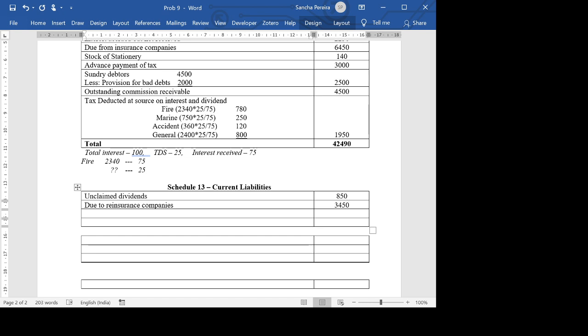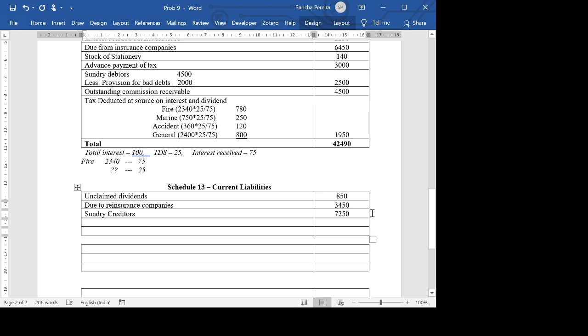Then we also have sundry creditors, which is 7250. Then we have a deposit and suspense account, a credit balance, which is 2280.